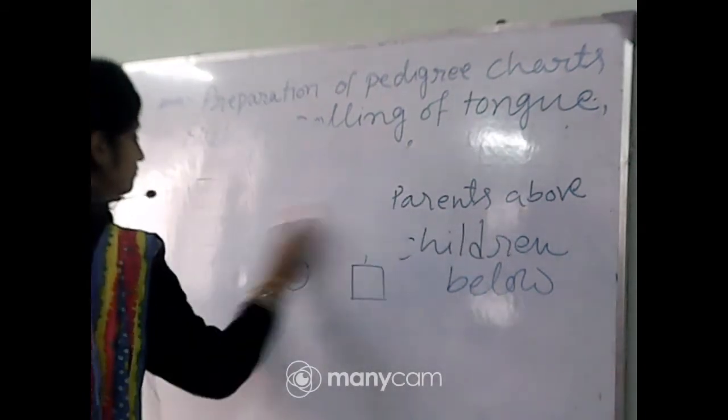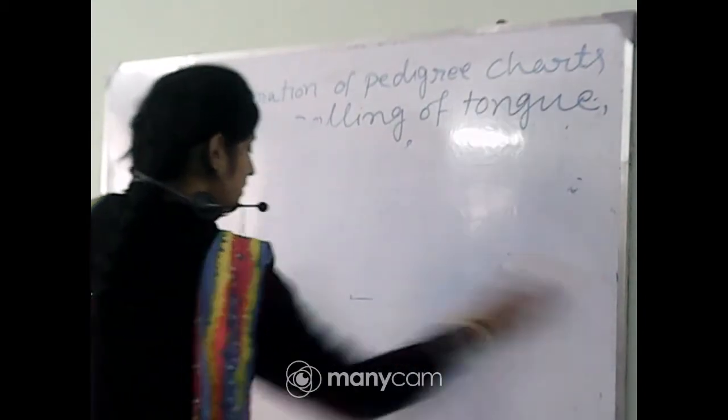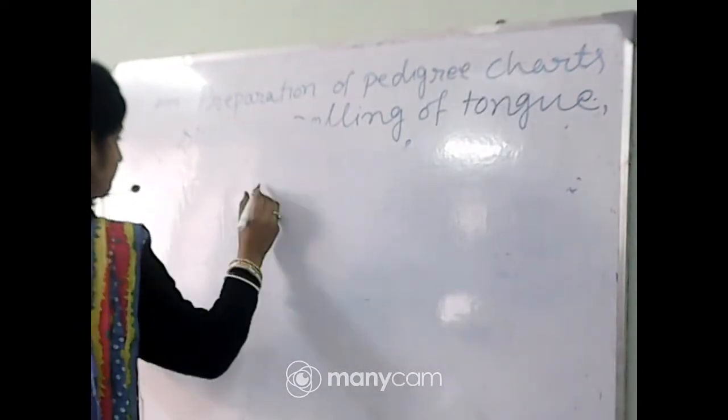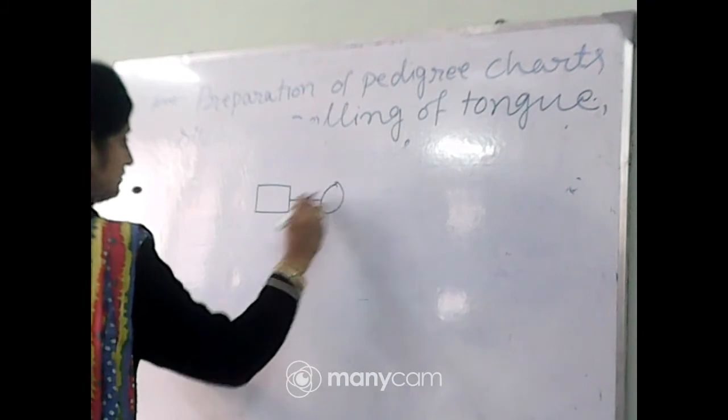Now, parents are present but the child below is colored.